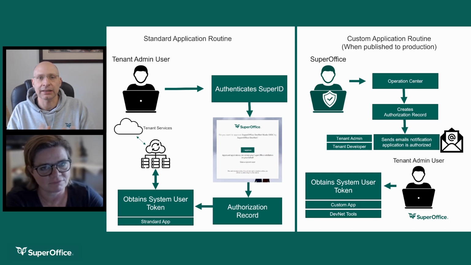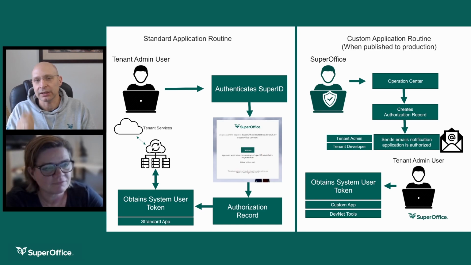He can do it exactly like we just did it. There's no difference. But when that custom application is going to be published to the production environment, we can't just allow anybody in that tenant or any administrator in that tenant to create that authorization record inside Operations Center. So we actually manually create that authorization record.